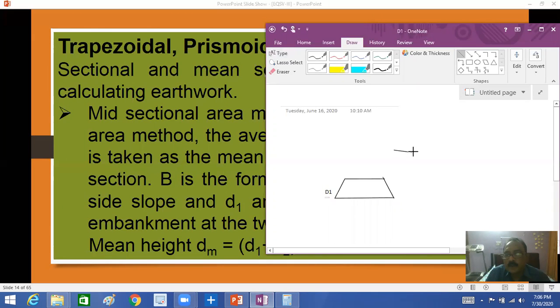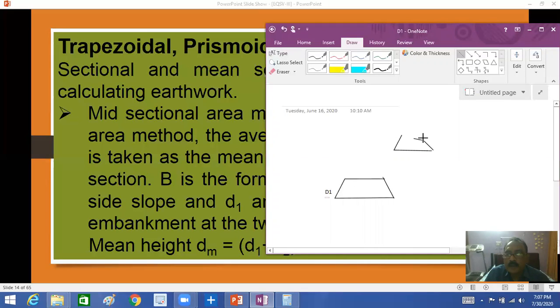The other end will be like this, okay? Here, if you observe, the height may be different here.